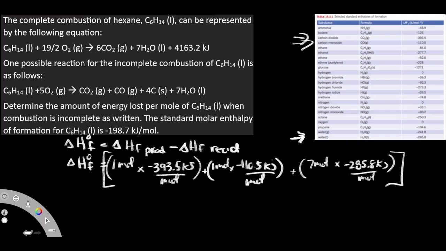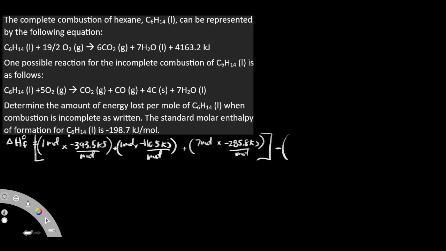I need to do the same thing for my reactants, subtracted by our C6H14. Do we have that? Yes, we do. In the question it says that the standard molar enthalpy of formation of that is negative 198.7, so I'm just going to put negative 198.7 kilojoules per mole. But do not forget the amount of moles in question for C6H14.